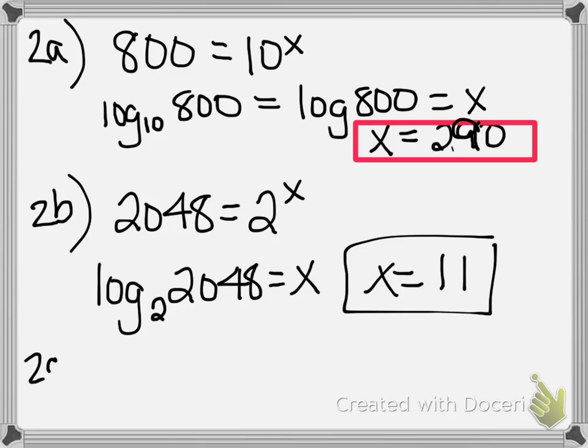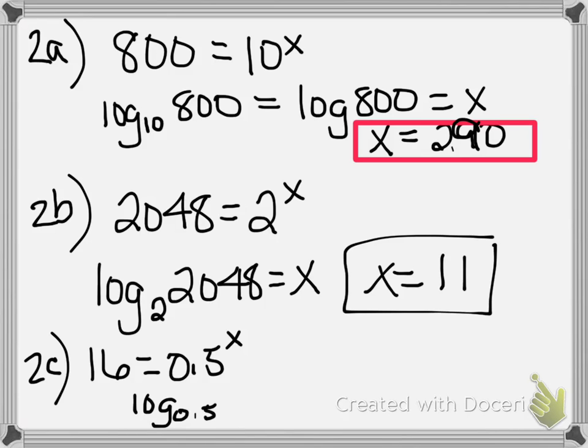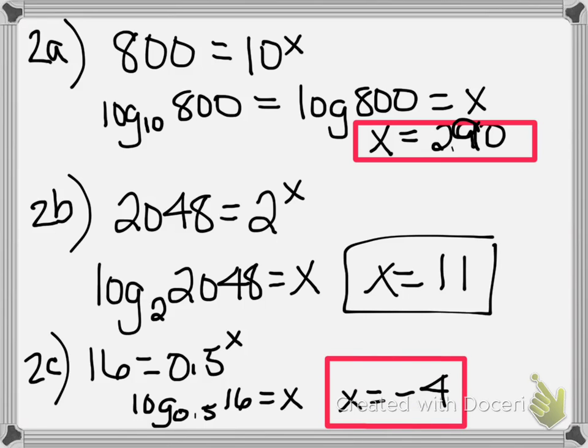And for 2c, we also have simple definition, 16 equals 0.5 to the x power. So rewriting this, we get log base 0.5 of 16 equals x. So x equals -4. And there is 2a, b, and c.